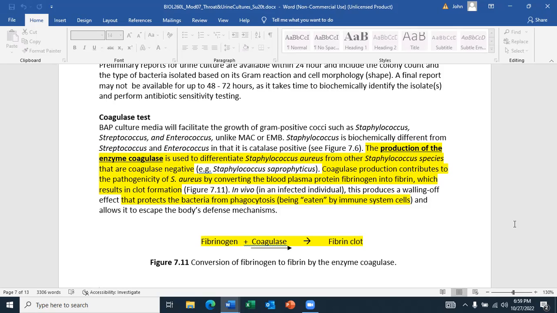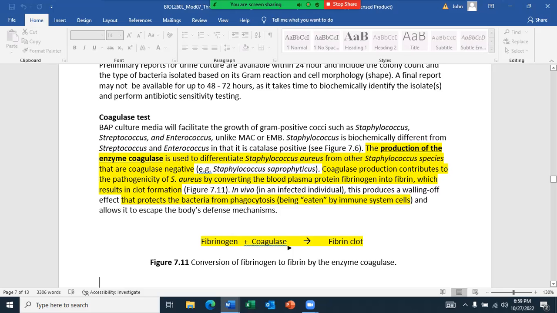So if there's production of the enzyme coagulase, that means the bacteria causing the urinary tract infection is Staphylococcus aureus. And if it's coagulase negative, then it's either some other Staphylococcus species or some other species. So coagulase is mainly used to distinguish Staphylococcus aureus from the other members of the genus Staphylococcus.